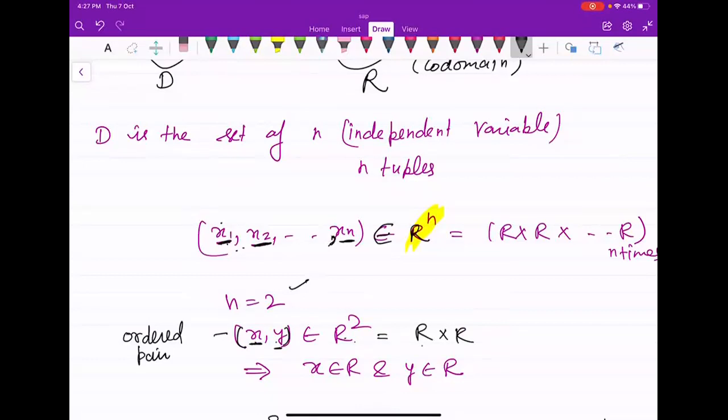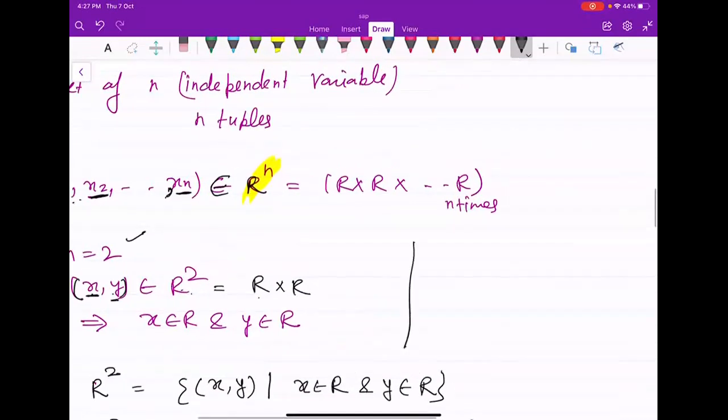R cube means there should be three arguments inside that particular element. Let us suppose we call it x, so this x has two components and belongs to R square. If I say y belongs to R cube, what does it mean for this element y?